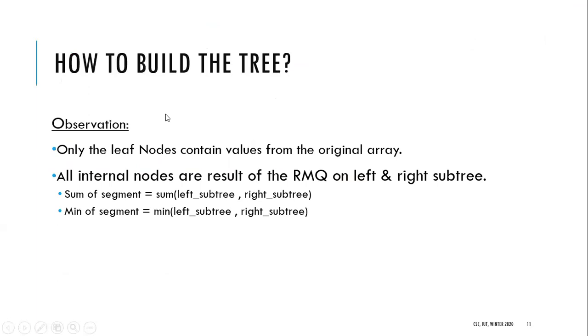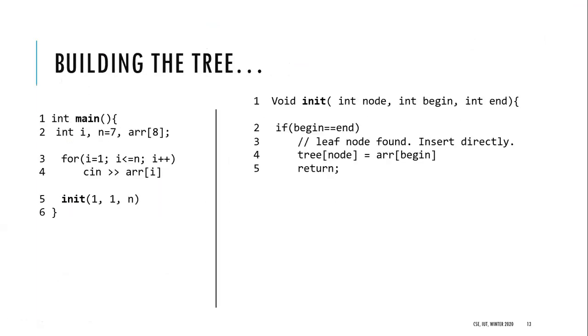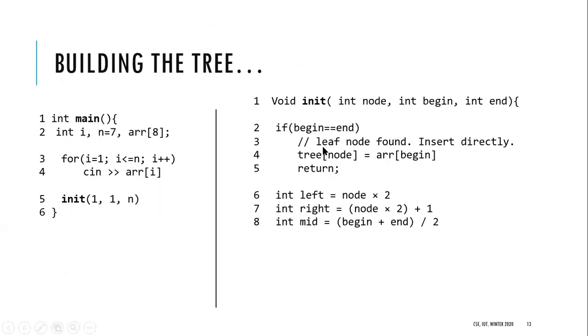Okay, if you check this out, you will understand. So when begin is not equal to end, that means I need to break the tree further into left and right subtree. To make the division, I need the value of the mid. So what is the value of the mid? Begin plus end divided by 2, and I'm taking the floor value. The formulas for the left and right child are here.